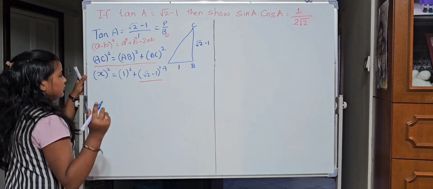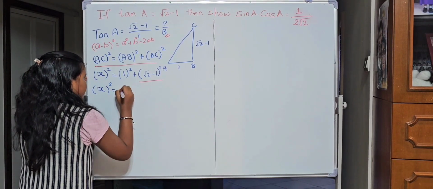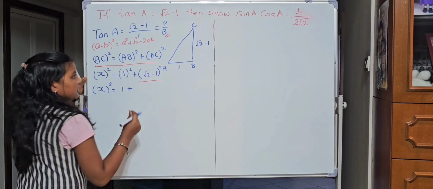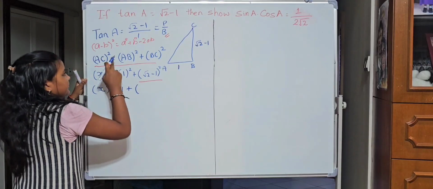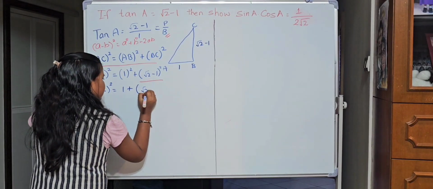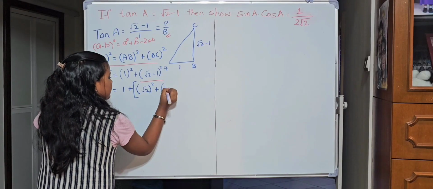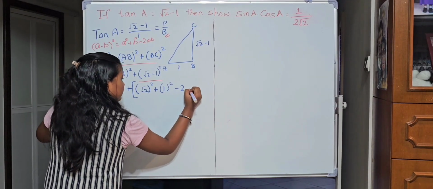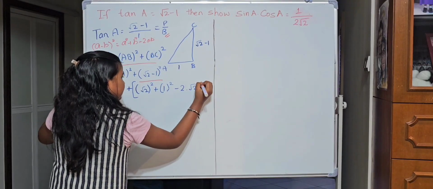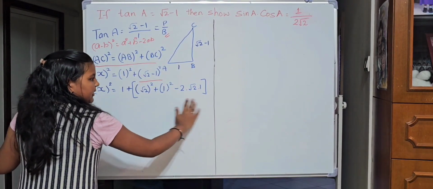We'll continue now. X square here, 1 squared is 1 plus, now follow the identity. A square, that means root 2 square, plus B square means 1 square, and minus 2AB. Clear until here? Now we applied the formula.